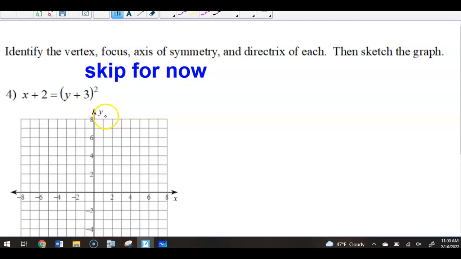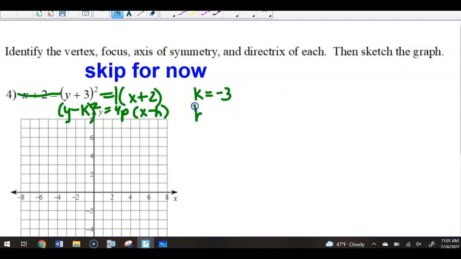One more example. Actually, this one is very similar. If I slide this over to the other side, 4p is still 1. This would be y minus k squared equals 4p x minus h. And k would be negative 3.